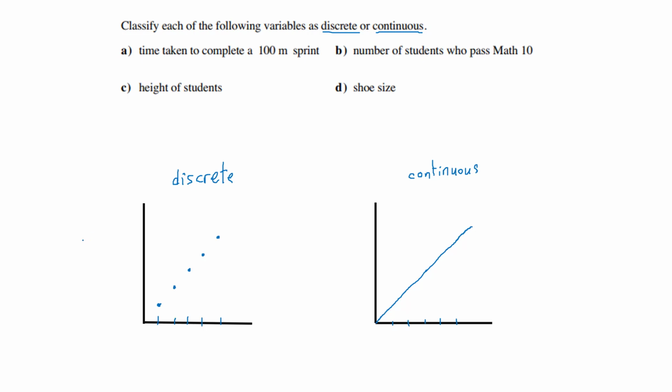I think of this in an example of, let's think of this as like the percent capacity of an elevator. A discrete variable would be the number of people in that elevator. You cannot have a fraction of a person unless you're in some sort of awful horror movie.